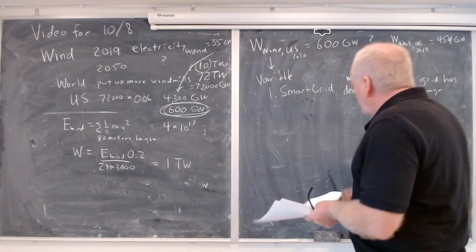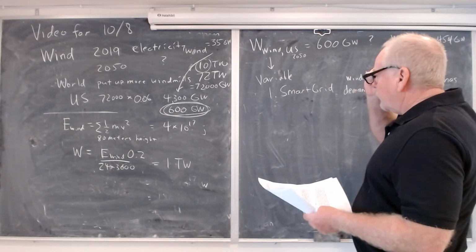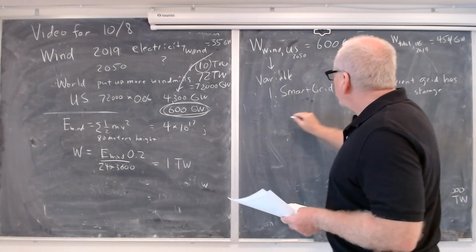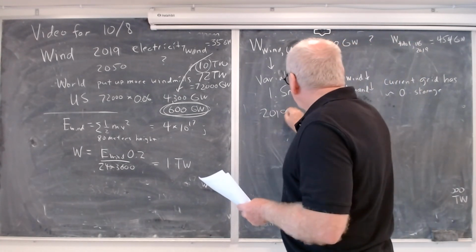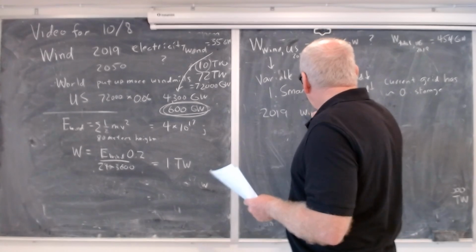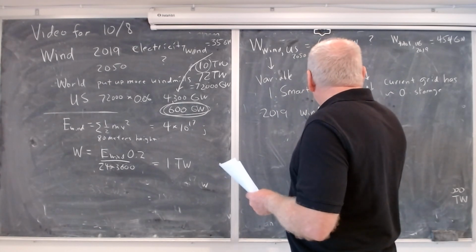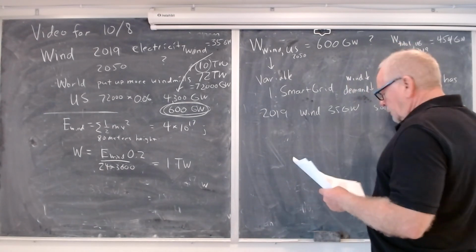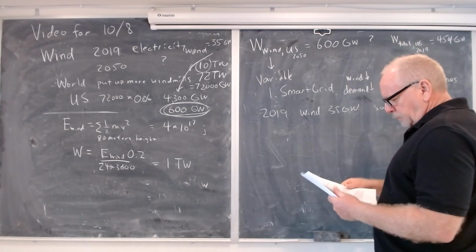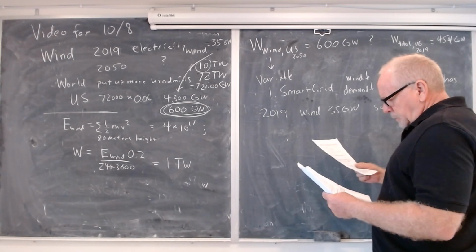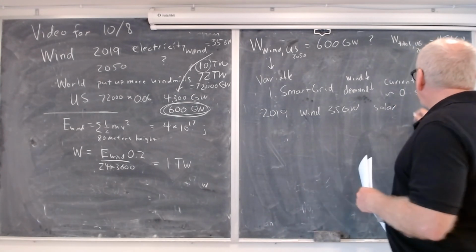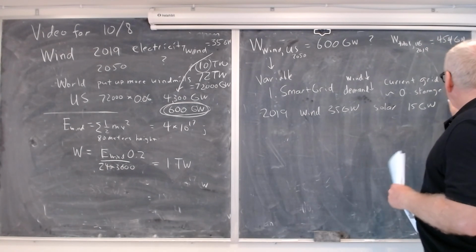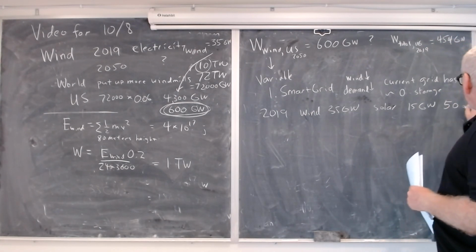Now, when might we have to do that? Right now, we haven't talked about solar yet, but in the year 2019, wind was 35 gigawatts, and solar, I think, was around 15. These are rough numbers. So total, around 50 for wind and solar.